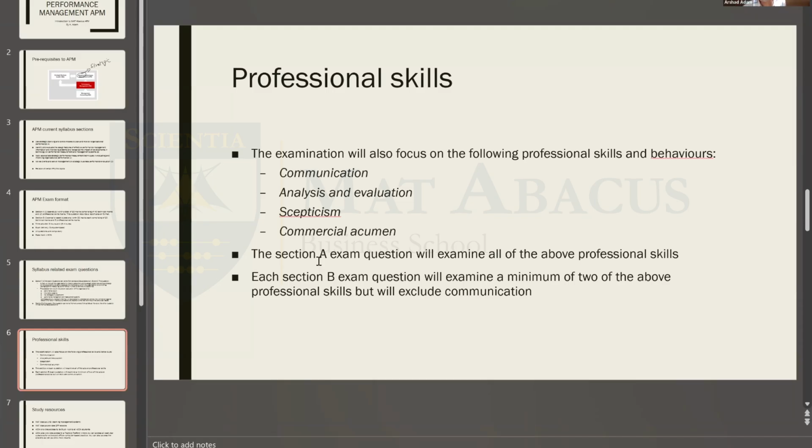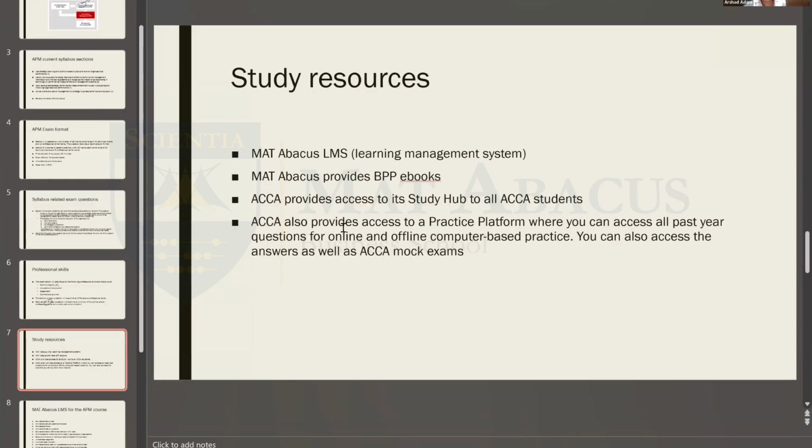Only the 50 marks question in section A has all 4 professional skills being examined. But each of the 25 marks questions doesn't have communication. Communication will not be for section B questions. So in section B, you only have 3 skills: analysis and evaluation, skepticism, and then commercial acumen.